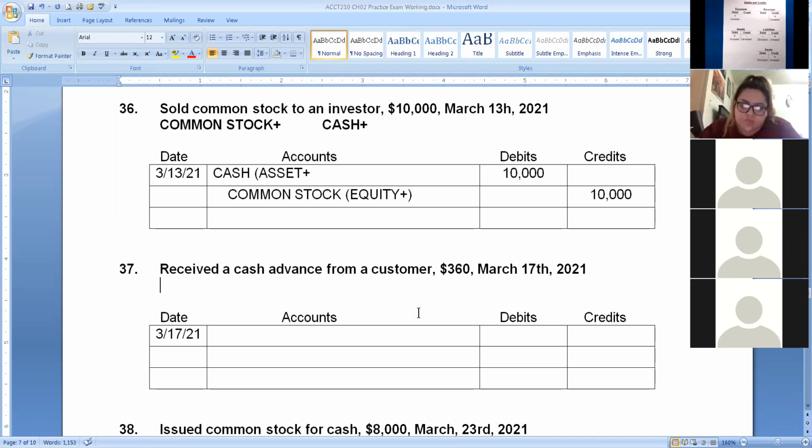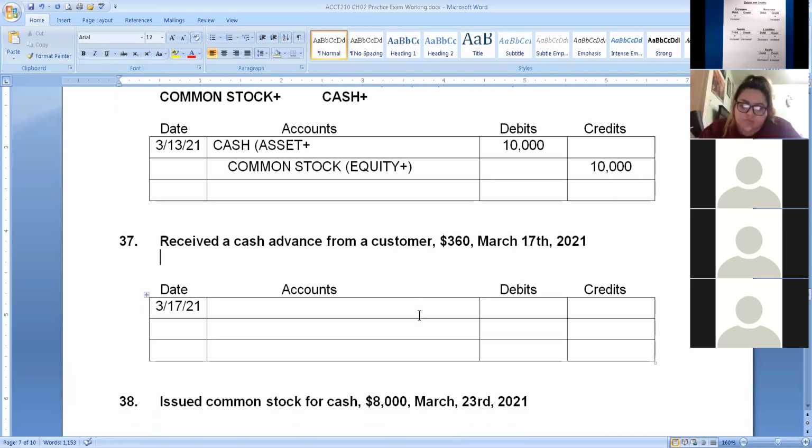Received a cash advance from a customer for $360. This is a kooky one. I'll give the easy account. Cash is going up. Okay, what's the kooky account?